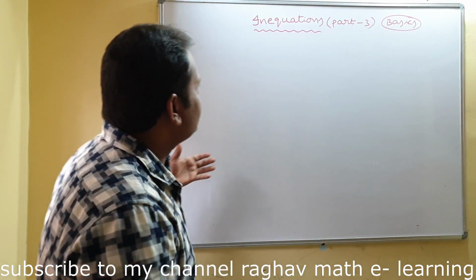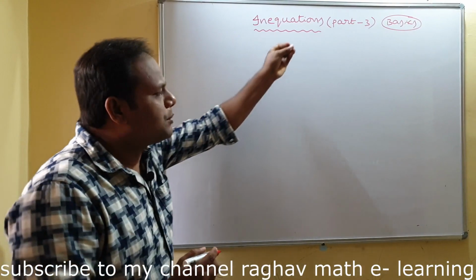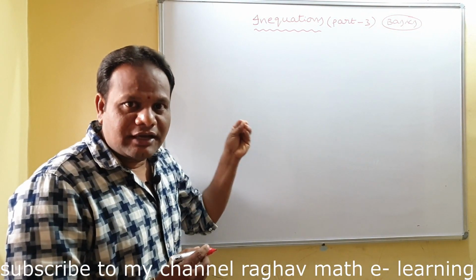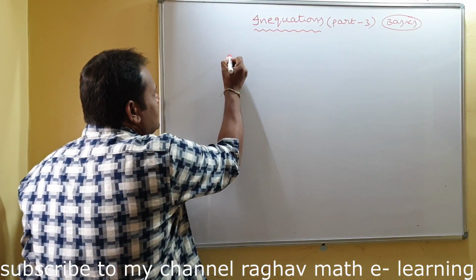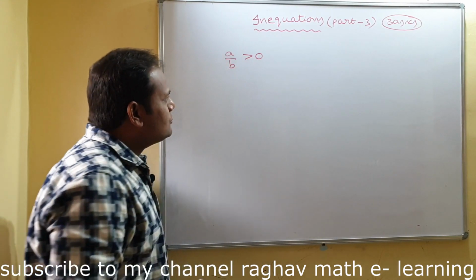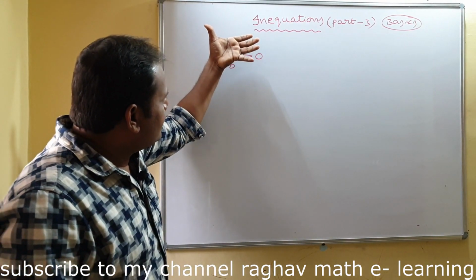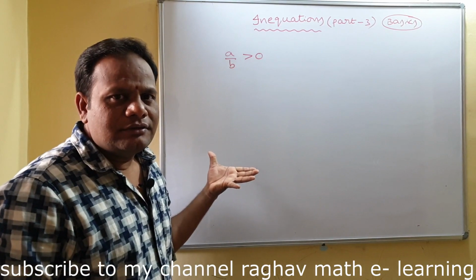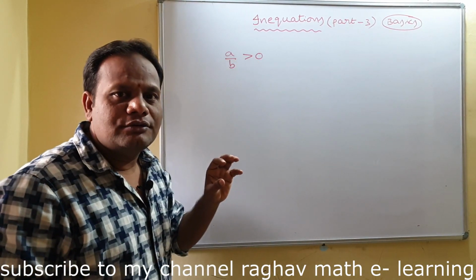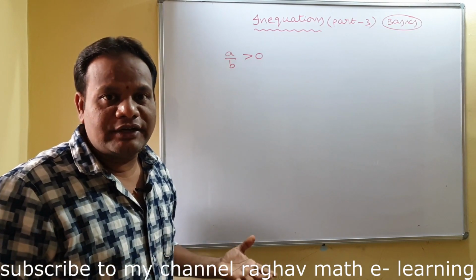Right. See, in inequations part 3, now we would be discussing a by b greater than 0. While solving any inequation, suppose you arrive at a by b greater than 0, then how to solve it?